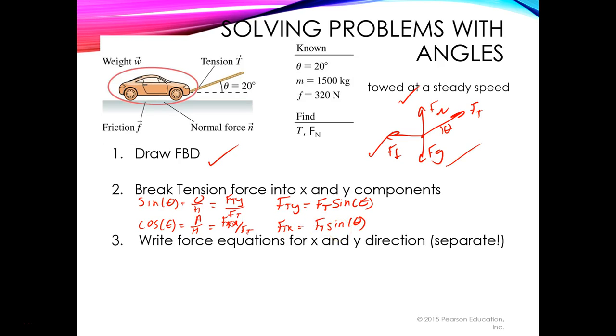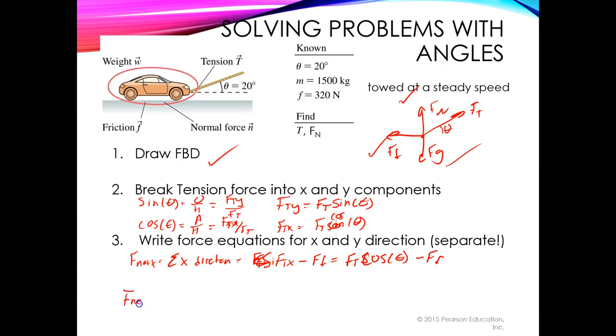The next thing we want to do is write those F net equations for x and for y. F net x is going to equal the sum of the forces in the x direction, which in this case is Ftx minus the frictional force, or Ft times the cosine of theta minus our frictional force.